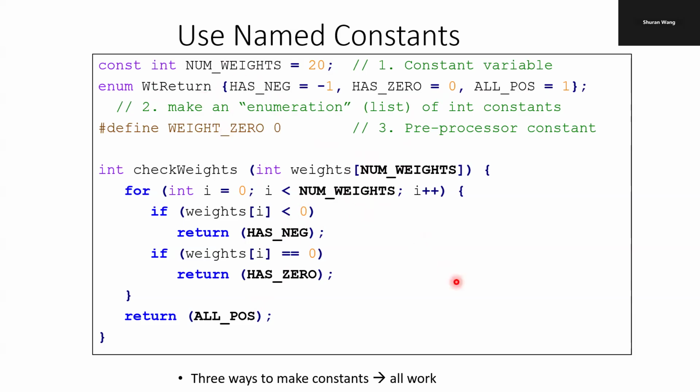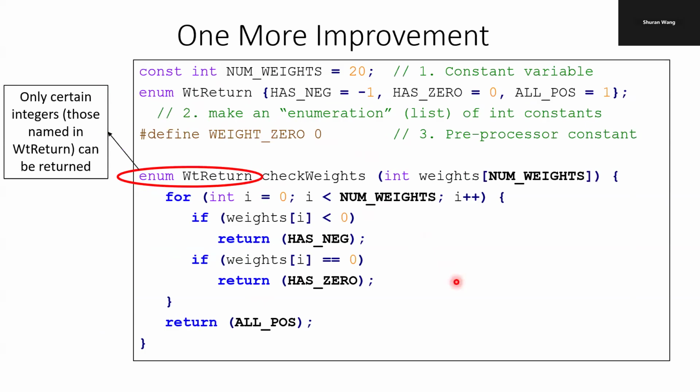And one benefit of using the enum type is you can change the return type from int to enum weight return. And this ensures that only certain integers, those named in the weight return, can be returned. If we accidentally return something that's not valid, we can detect it right away. Is this good?